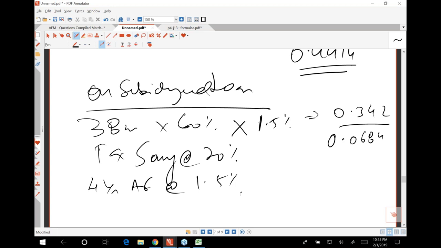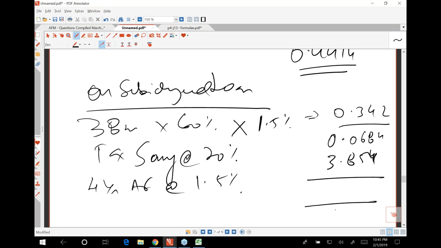What's the 4-year annuity factor at 1.5%? 3.854.